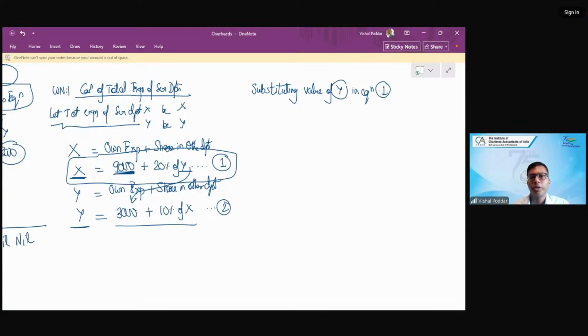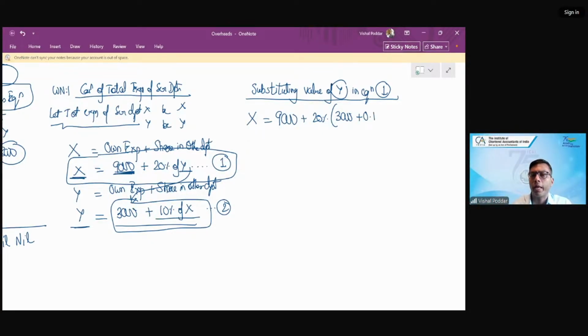So let me substitute the value of Y here. What is equation 1? X is equal to 9,000 plus 20% of Y. Now how much is Y? Y is 3,000 plus how much will be 10% of X? It will be 0.1X. Correct, students?